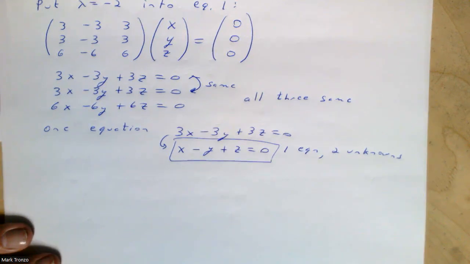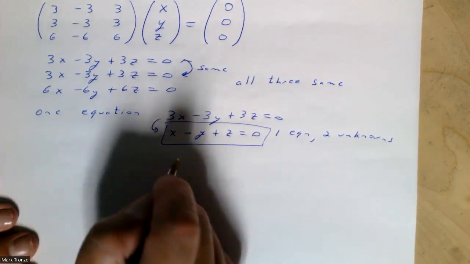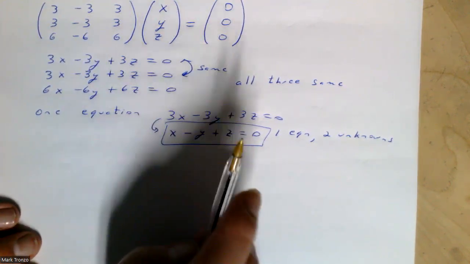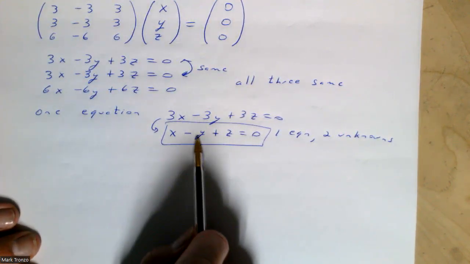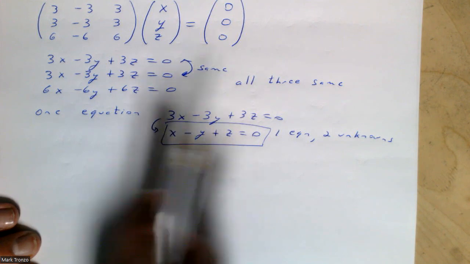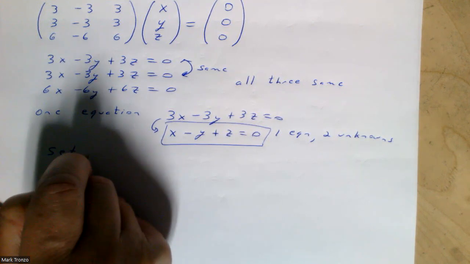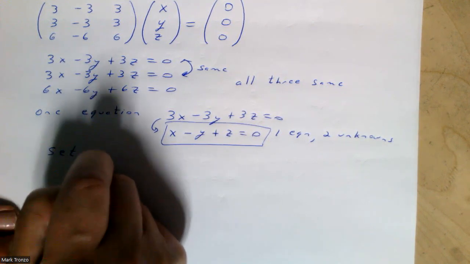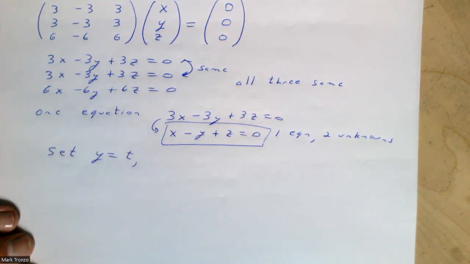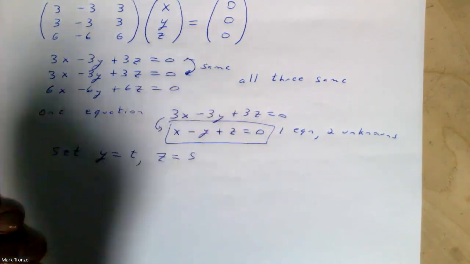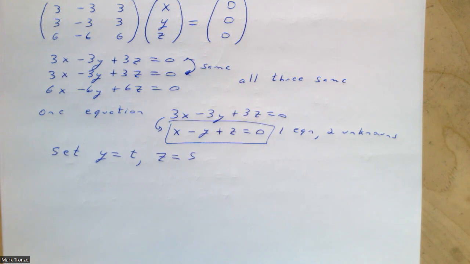So we need two parameters. Remember before we only needed one. So let's set y once again equal to t like we did before, and then have our other parameter, call it s, z equal to s.